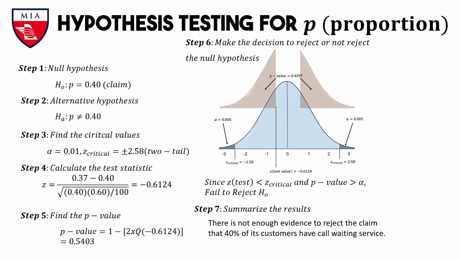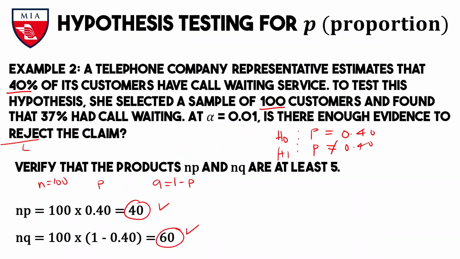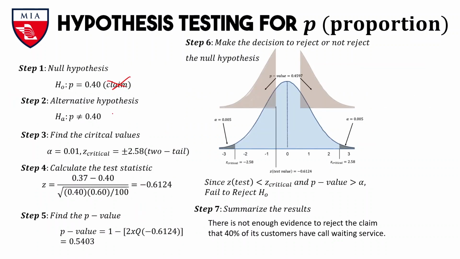So don't be confused about this word claim. The most important thing is, if we have alternative, no equality; if we have null hypothesis, we are dealing with equality. So don't be confused about this claim.